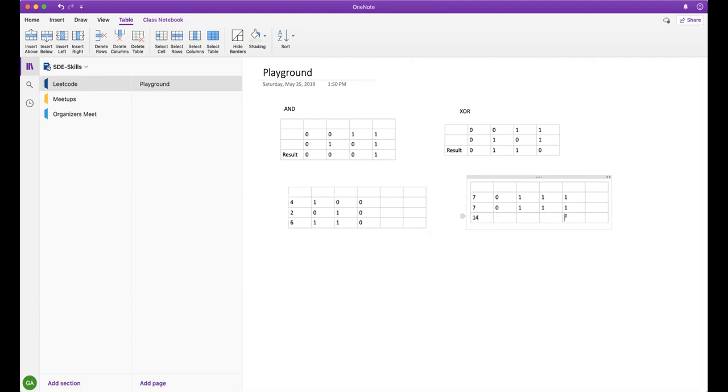I'm not doing XOR, neither am I doing AND. I'm trying to perform addition, the plus operator.